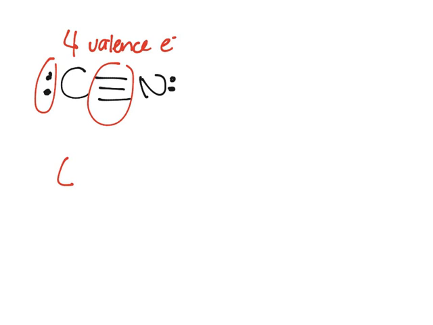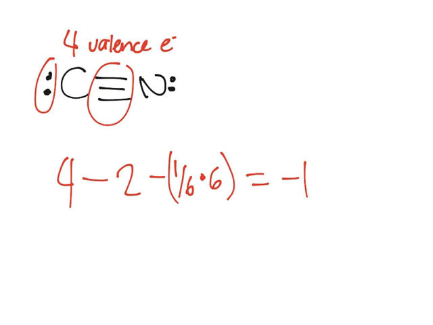So 4 valence electrons minus the 2 non-bonding lone pair electrons, minus the 3, 1/2 of 6 electrons contributing to the bond. That gives you -1. So if this molecule is written correctly, there should be a negative on the carbon.